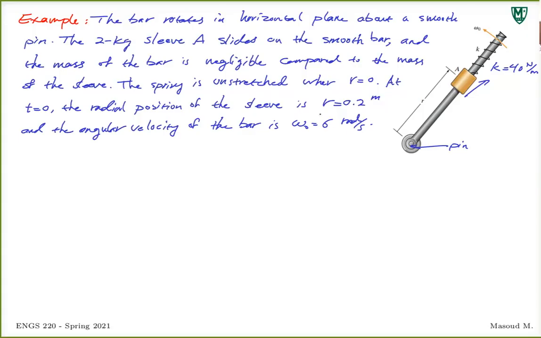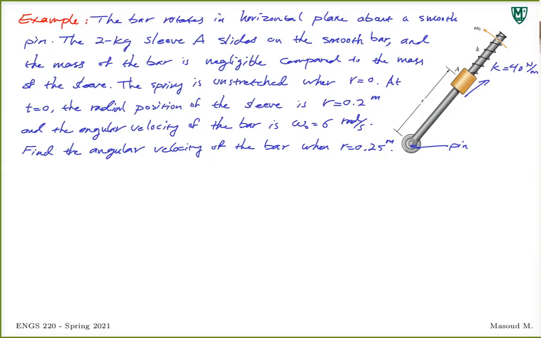We are looking for the angular velocity of the bar, so find the angular velocity of the bar when R is equal to 0.25. All right, a lot of stuff going on there.